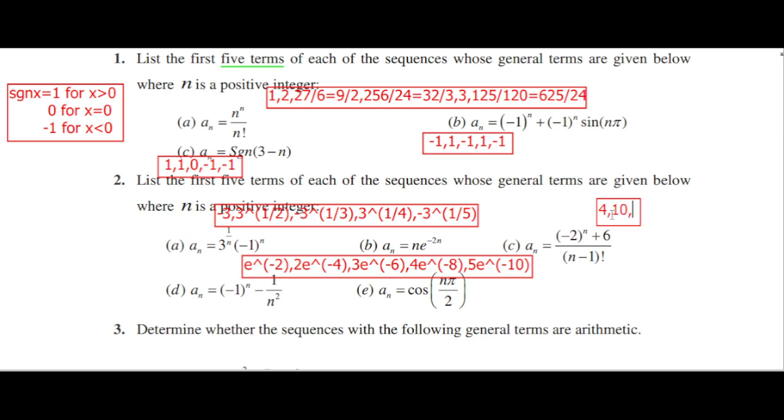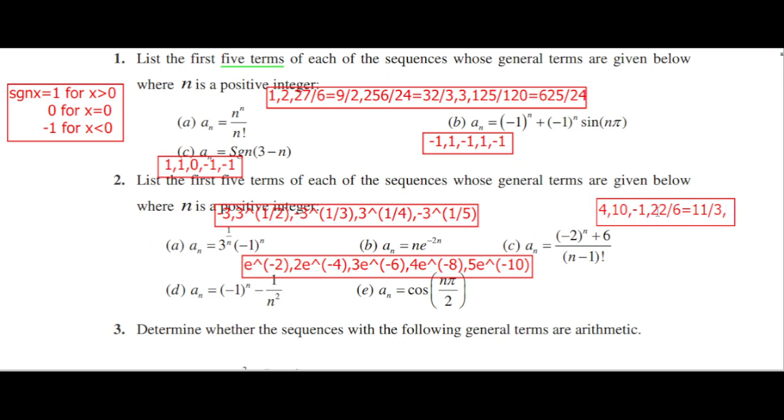The third term: minus 2 to the power of 3 is minus 8, plus 6 is minus 2, over 3 minus 1 factorial, 2 factorial is 2, so minus 2 over 2, which is minus 1. The fourth term: minus 2 to the power of 4 is 16, plus 6 is 22, over 4 minus 1 factorial, 3 factorial is 6, so 22 over 6. After simplifying this, we get 11 over 3, comma.